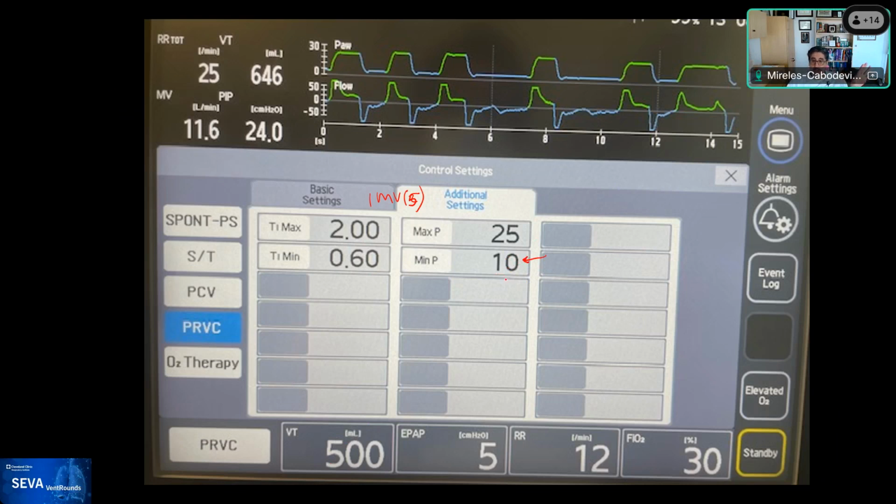In other ventilators, it will go all the way down to 0, and you cannot set it. But in this one, you can set a 10, and you can set a maximum amount of pressure. If the patient is not reaching that tidal volume, it will not go above 25 of maximum pressure, which is relevant to know and to look at in these additional settings, because if this is too low and the patient needs more pressure, it may not deliver and you would have ineffective delivery of tidal volume. Comments, Rob? No, at this point, no comments.